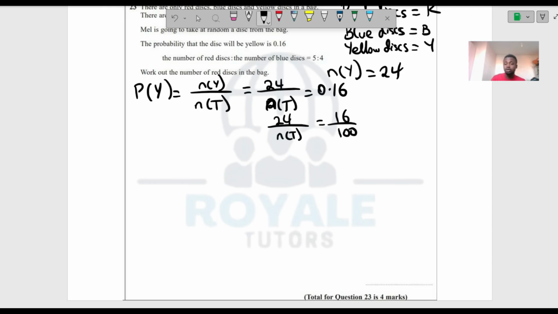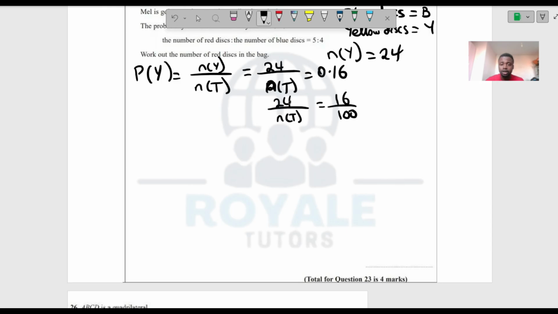This means if you do a cross multiplication, the number of total is equal to 24 times 100 divided by 16. So let's see, 4 goes here 6 times, 4 goes here 25 times. So 6 times 25, that's 150. That means there are 150 discs in total in the bag.